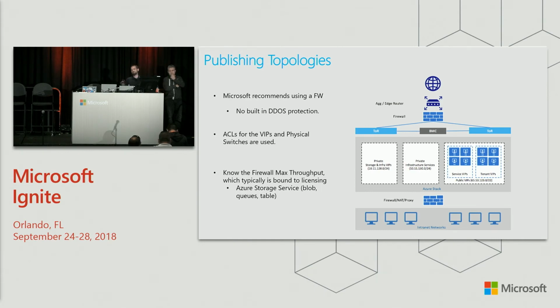While we do have intense access control lists on the physical switches, both on the TORs and the BMC switch, we also make use of access control lists in the software-defined networking stack. But we still recommend putting a firewall in front of Azure Stack to really gain enhanced protection, as an example, to protect you from DDoS attacks.